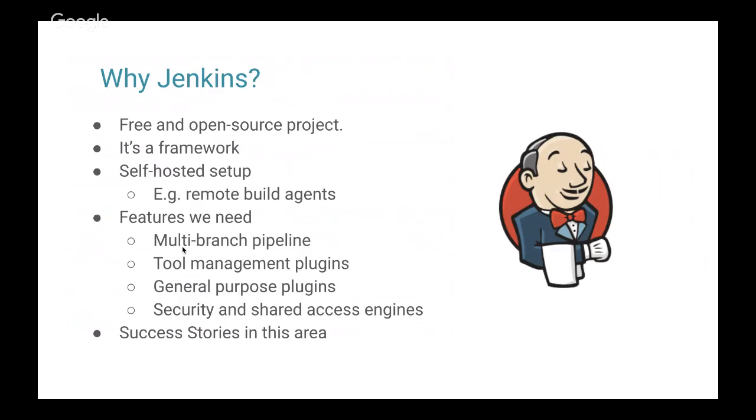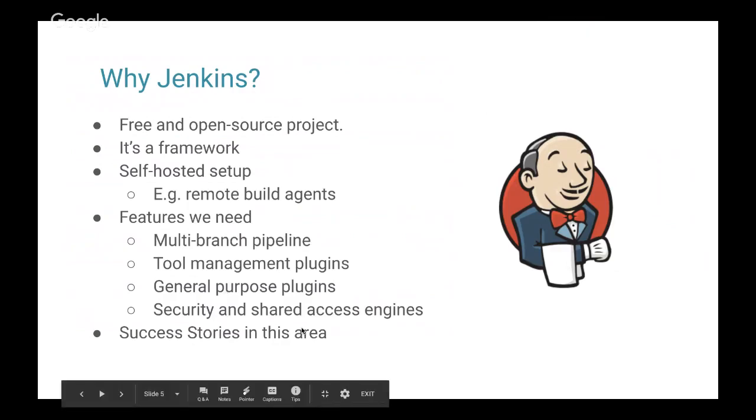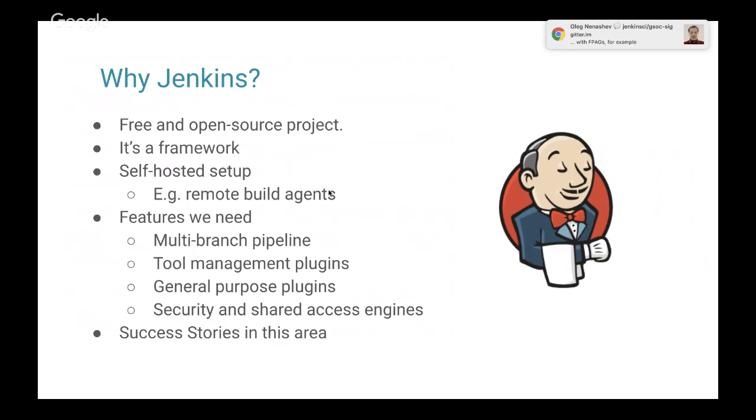We needed a lot of tool management plugins, general purpose plugins like the tab plugin, performance plugin, and plugins for security and shared access. These are the features provided with Jenkins. And obviously, we have success stories in this area using Jenkins with hardware projects.